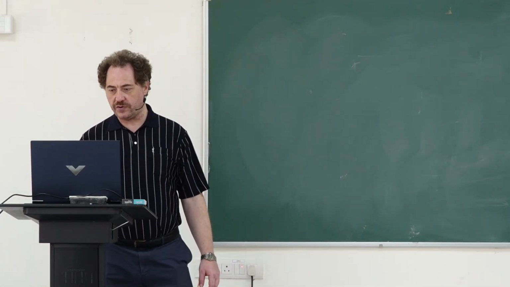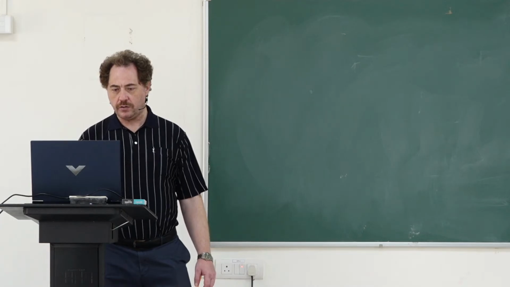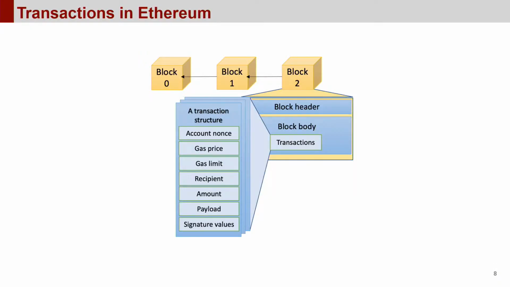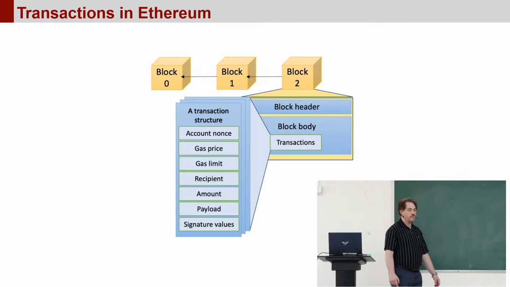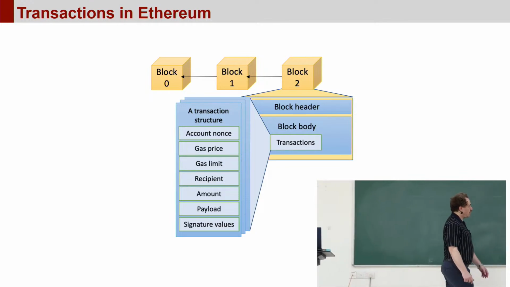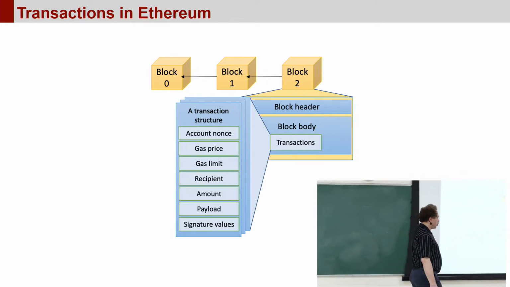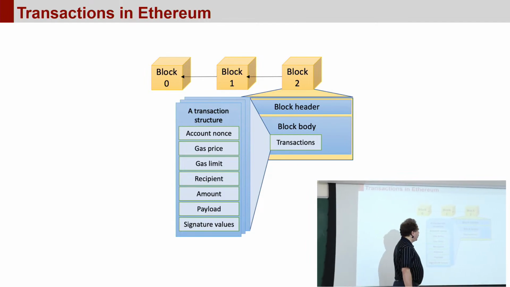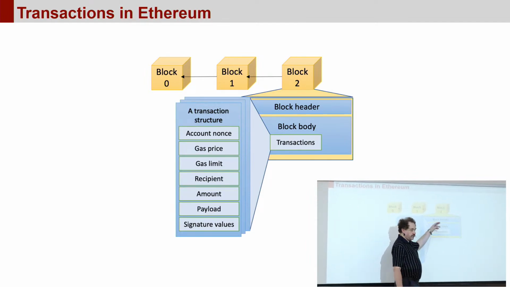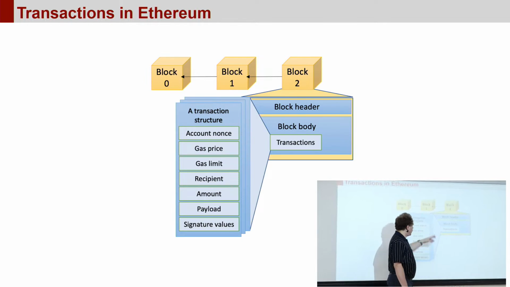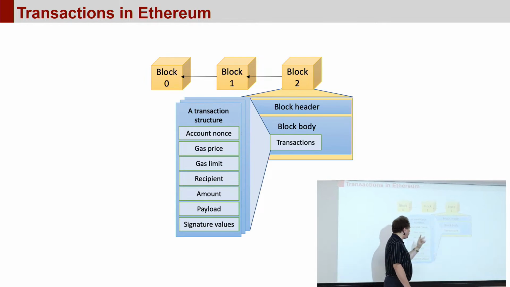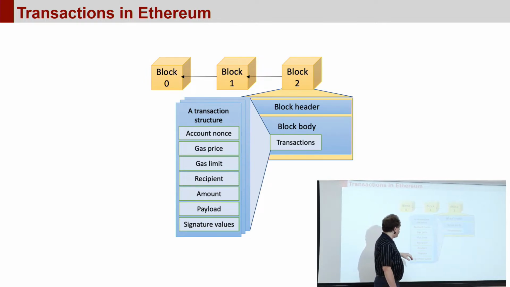Let's go over different elements. Transactions in Ethereum. This is how transactions and blocks in Ethereum look. So this includes block header, a body, and transactions. However, the transaction includes the gas price.